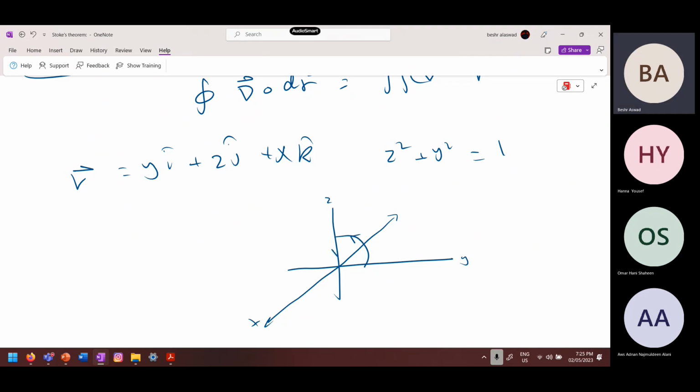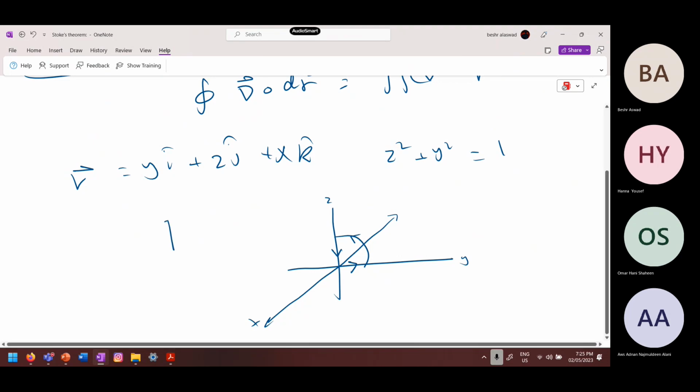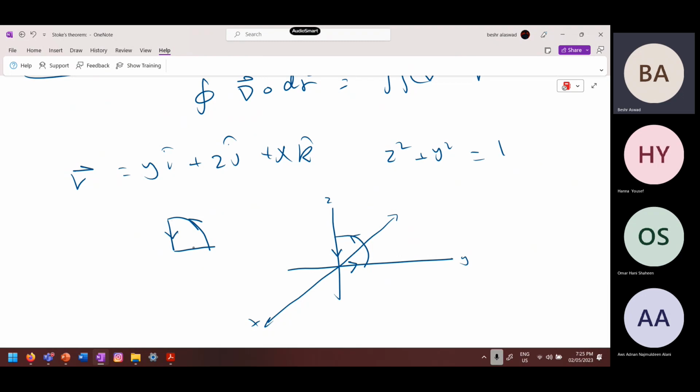Okay, and it has this path. Applying the right-hand rule to this path gives you a vector coming out of the page or the screen towards you.